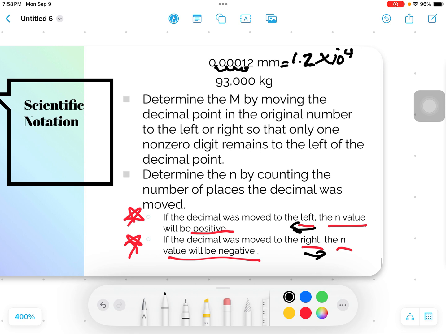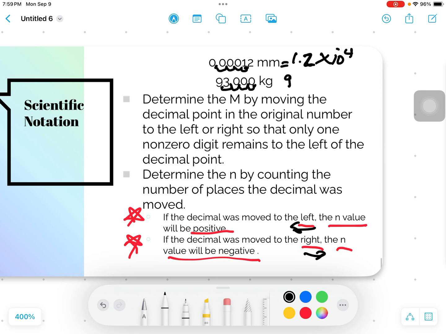So for example, if we did the next one, 93,000 kilograms. Well, if there's no decimal present, make your own. Put it all the way at the end. We are then going to move it so there's only one number in front of the decimal. So not there, not there. That's two numbers. Now we only have the 1. Okay, so like we saw before, there was no decimal point originally, so there's only 2 sig figs.